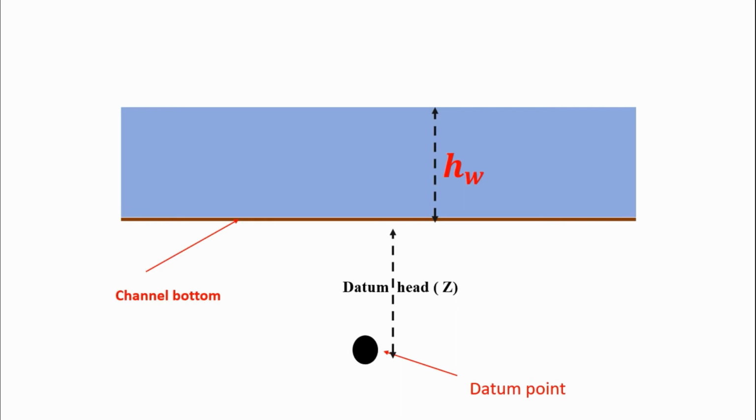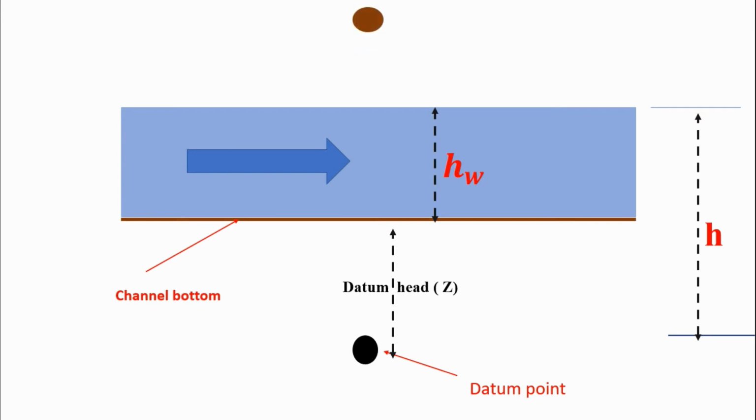The sum of datum head and pressure head h_w is known as hydraulic head or piezometric head h. Let the channel with free surface be flowing with a velocity v, such that the kinetic head is located at a height of v squared by 2g, that is half of the square of velocity over the acceleration due to gravity.